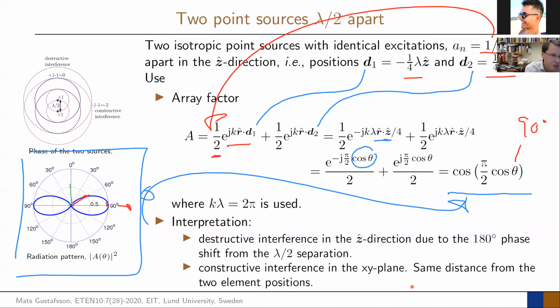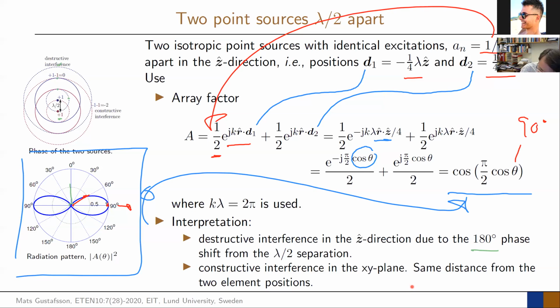And the interpretation of this, even without the calculation, is just that the lambda over 2 spacing between them is a 180-degree phase shift. You can say that I send plus from this one, I send plus from that one, but the distance between them is lambda over 2. And then at every point out here, you get destructive interference. One of them is +1, the other one is -1, and the sum is 0.